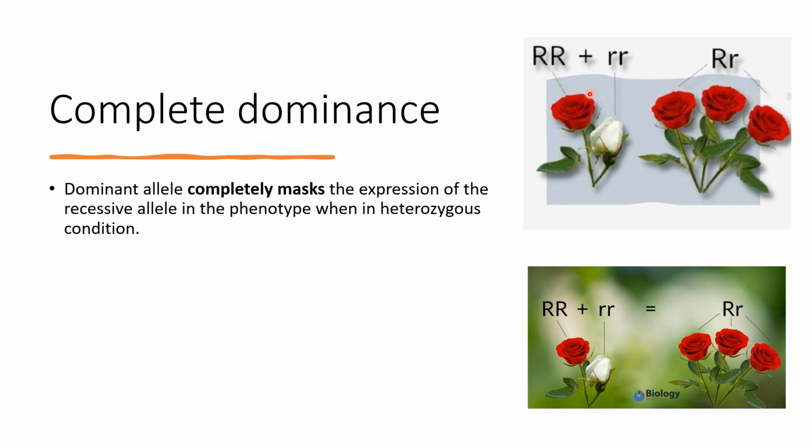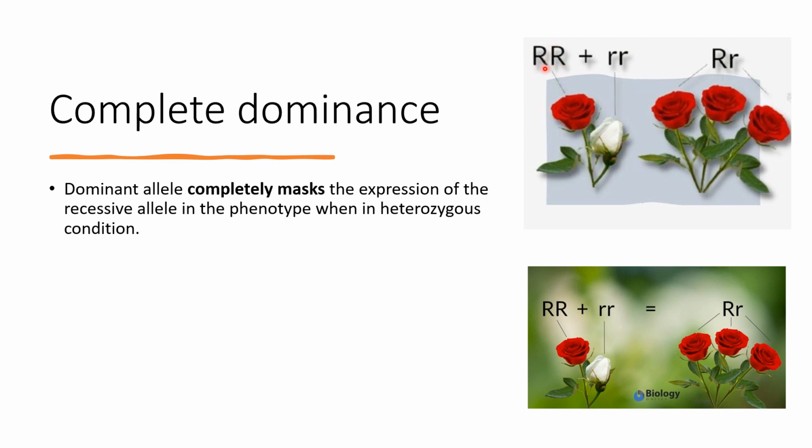So you had a red flowering plant being crossed with a white flowering plant, and obviously each of the gametes produced by this one will consist of the uppercase R, okay? Remember that the gametes will only have one allele.